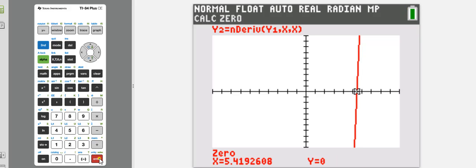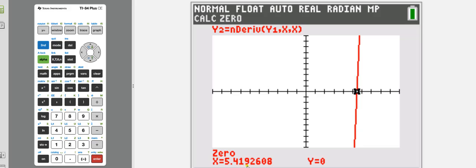And press enter again. And there is your zero: 5.4192608. Now, again, this is a derivative of s, so this is a graph of s prime. S prime is negative, and it changes to positive at x equals 5.41926. So indeed, this value gives you the minimum surface area.